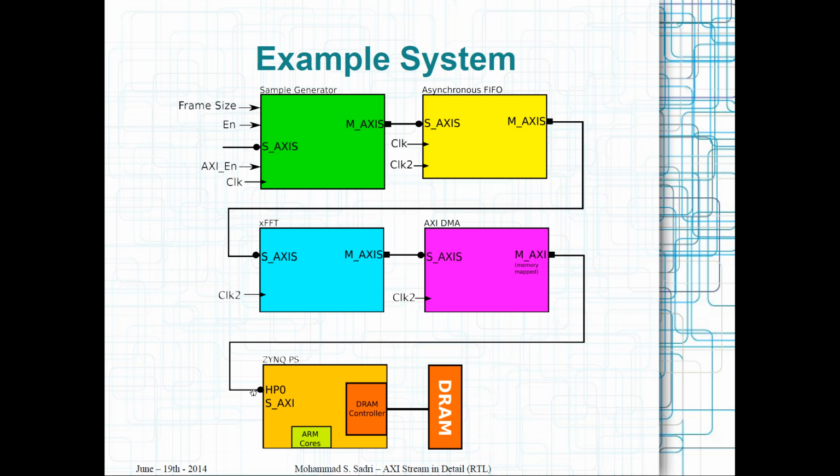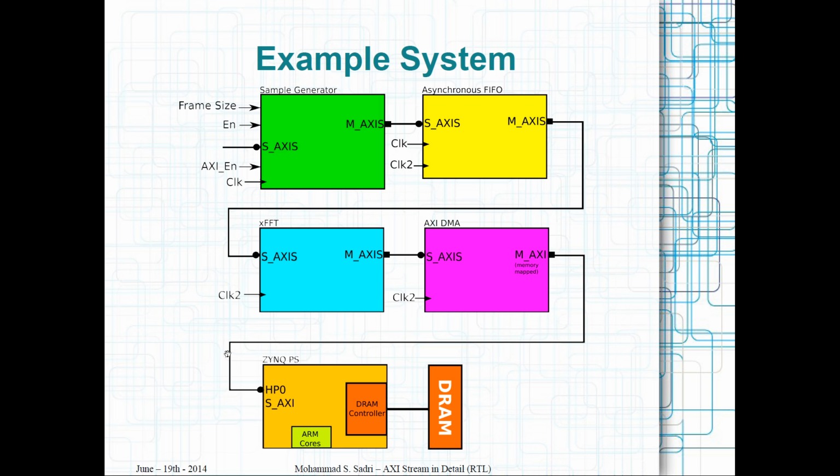I will connect the AXI memory mapped master port of the AXI DMA module to one of the AXI memory mapped slave ports of the PS, for example HP0, and through this port I will write the data that I receive on this port here.